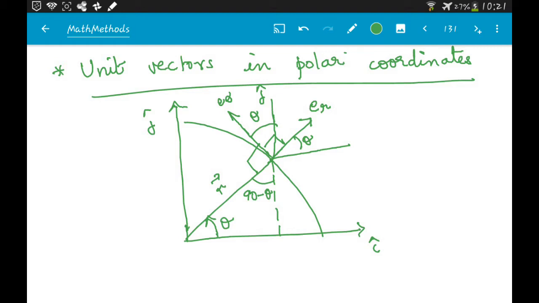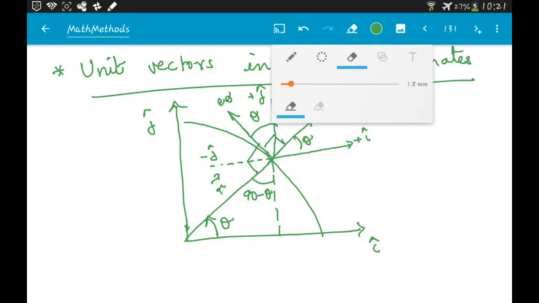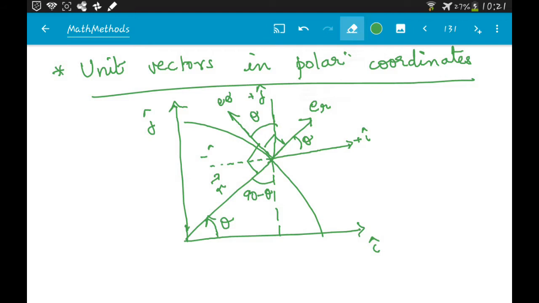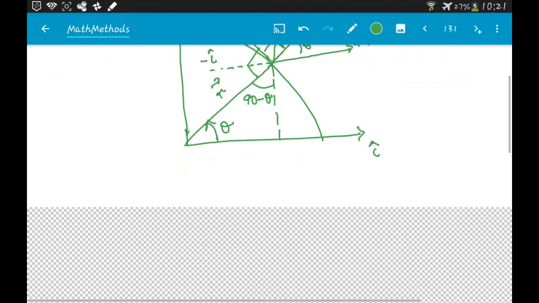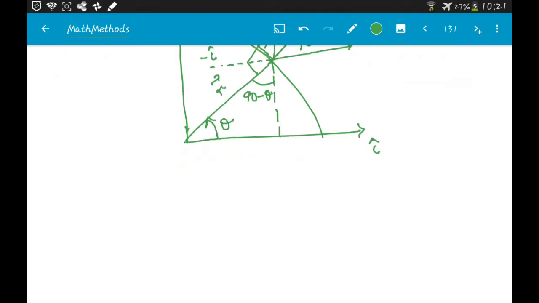Let's look at it again. This is your minus j direction, this is your plus j direction, this is your plus i direction, and this is your minus i direction. Now let's break down this image.